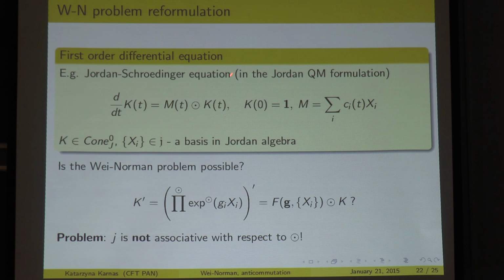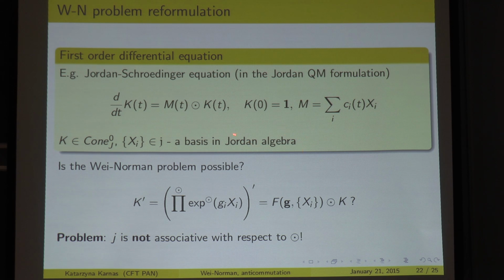It's called the Jordan GNS model, when we have also the derivative of K. K is an element of the interior of the positive convex cone, X_i are basis vectors in the Jordan algebra, and N is a linear superposition of basis vectors.